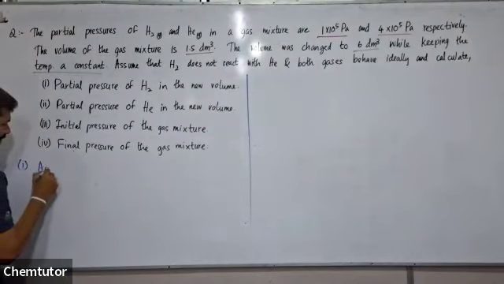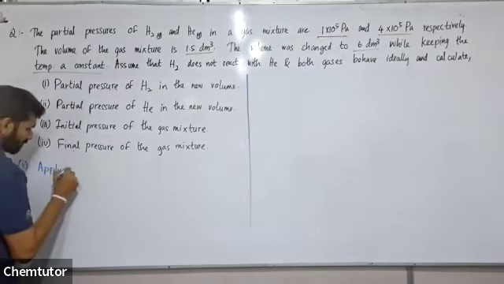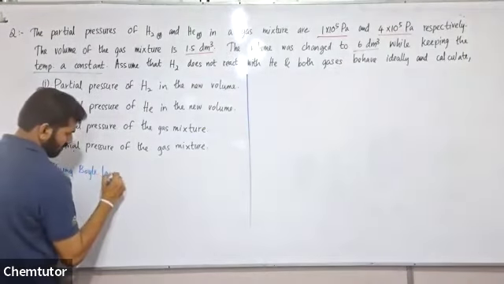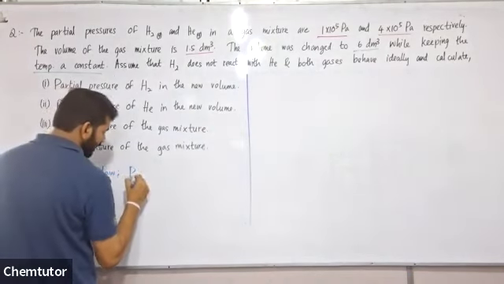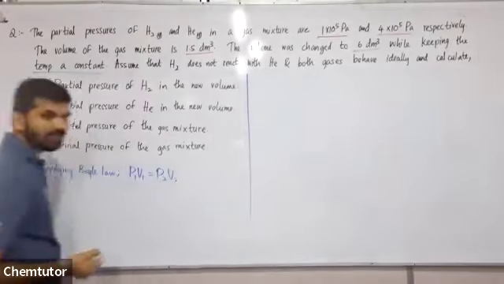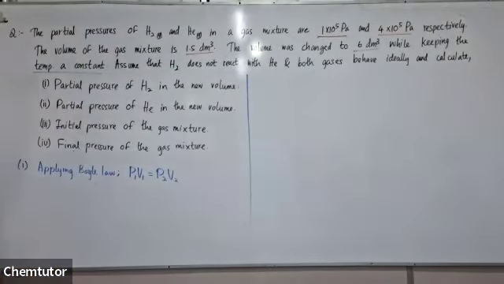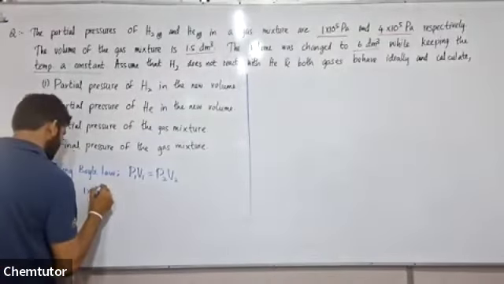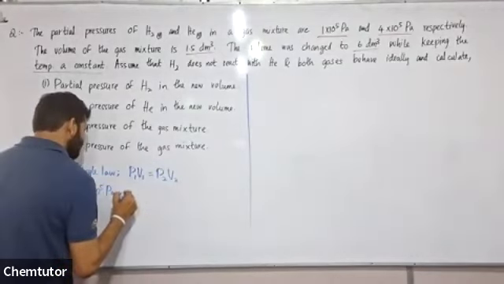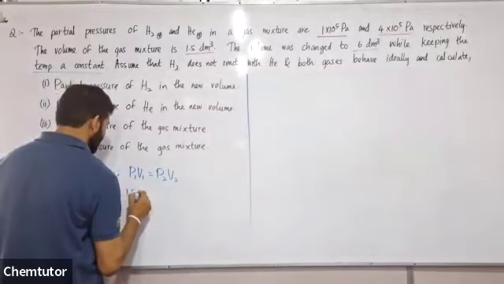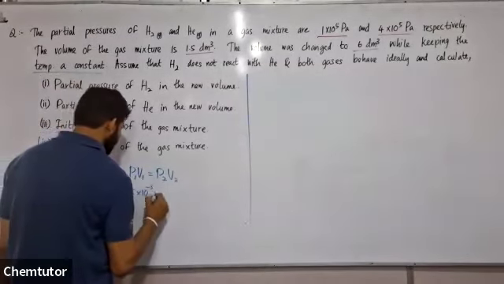Applying Boyle's law, P1 V1 equals P2 V2. The initial pressure of hydrogen is 1 into 10 to the power 5 pascals, and the initial volume was 1.5 cubic decimeters, that means 1.5 into 10 to the power minus 3 cubic meters.